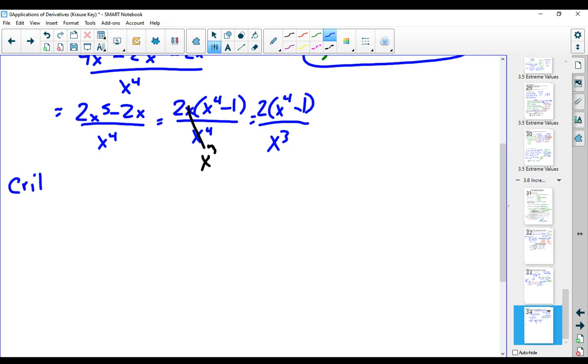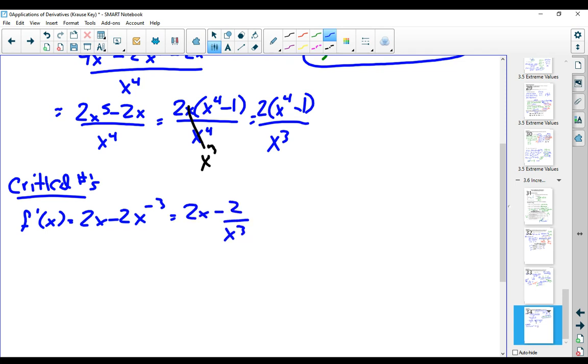So for critical numbers, again, we're setting this equal to 0. If I use the first or the second one, where I have f prime of x equal 2x minus 2x to the negative 3, or 2x minus 2 over x cubed, I've got 2x minus 2 over x cubed equal to 0.